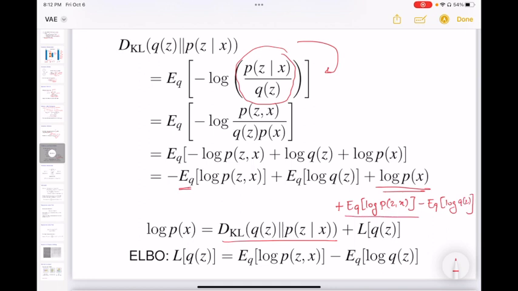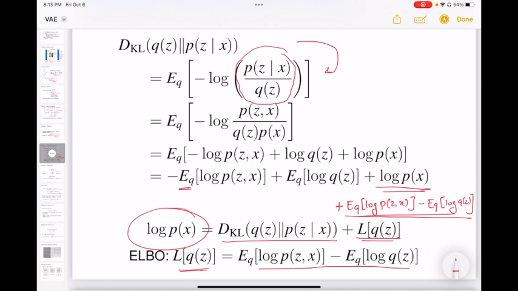So let's write these two terms as L of Q of Z. You can see that L of Q of Z is the same thing as we had written out, and this just comes from rearranging the Kullback-Leibler equation that we got. Now note that log P of X is a constant value, because P of X is the real data distribution, and it does not change.